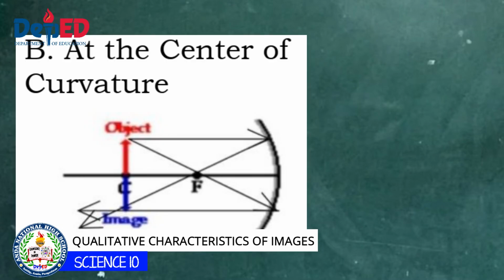How about if we change the location of the object? What if the location is at the center of curvature C? The location of the image formed will be at C, as you can see in the ray diagram of this situation. How about its orientation?